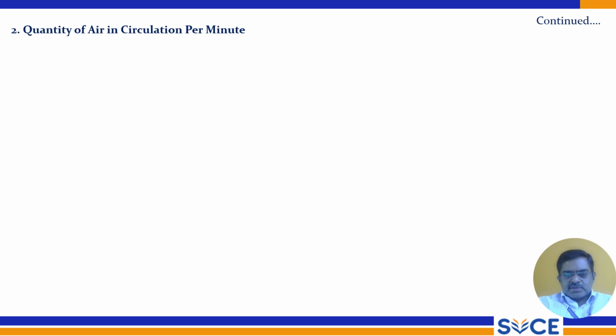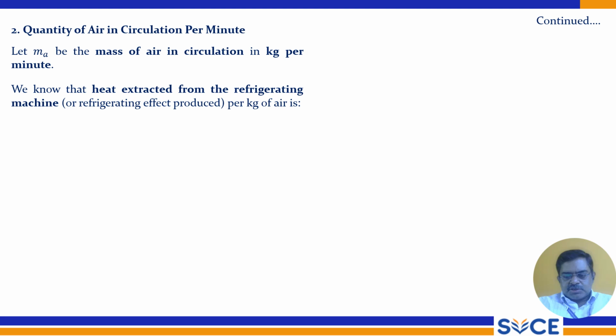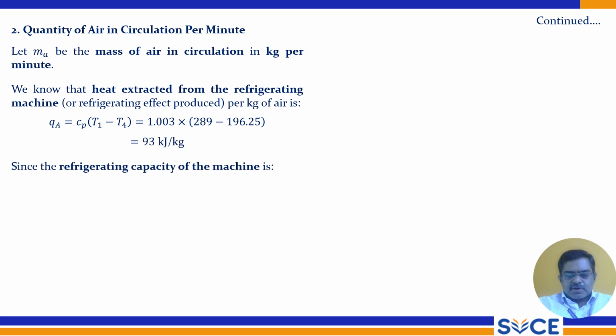And next is quantity of air in circulation per minute. So let Ma be the mass of air in circulation in kg per minute. We know that heat extracted from the refrigeration machine, or refrigerating effect produced per kg of air, is Qa equal to, in terms of T1 minus T4 into Cp, equal to 1.003 into 289 minus 196.25. So that is 93 kilojoules per kg.